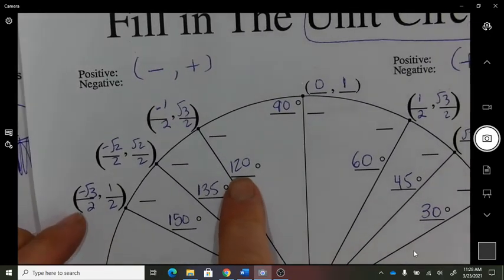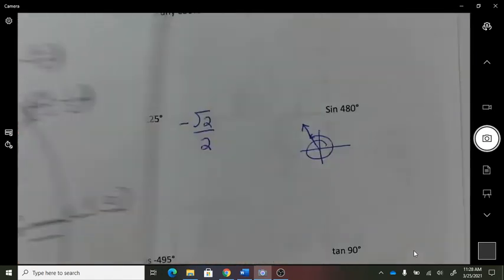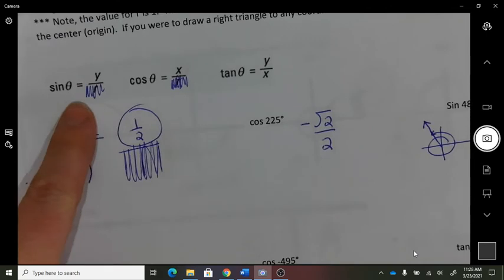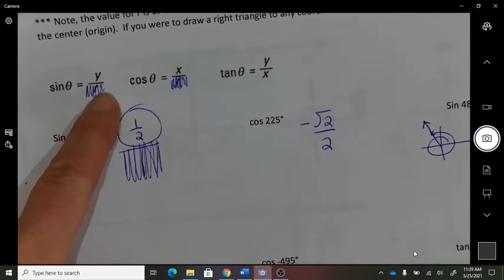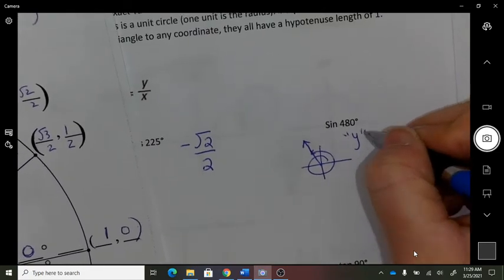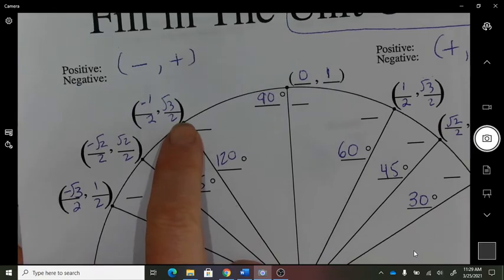So on my unit circle, here's where I landed, this coordinate. Okay, so sine says on a formula to take just the y, because I'm not going to have to divide by 1. So what is the y coordinate? So your answer is root 3 over 2.